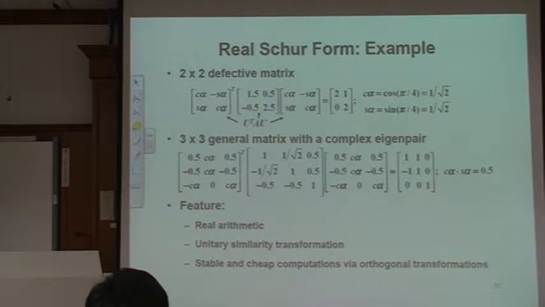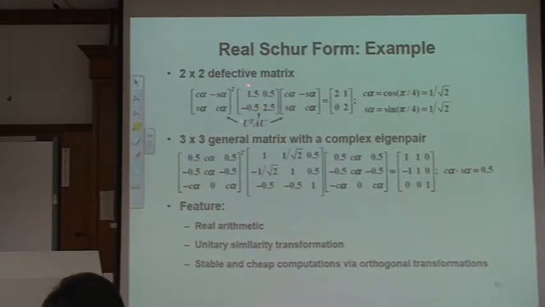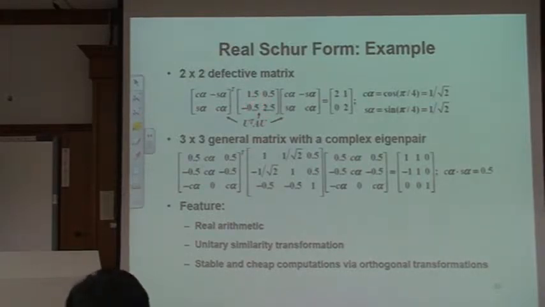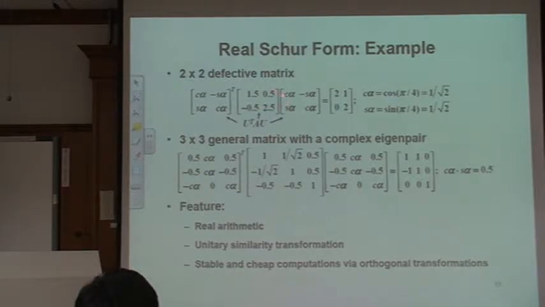Okay, now we go back to the real Schur form. Here's an example. If we have a matrix in the middle here, we can create two U's here, one is the U here. Suppose we know how to create this one, and we just use its transpose here, and we can find the upper triangular form like this one.